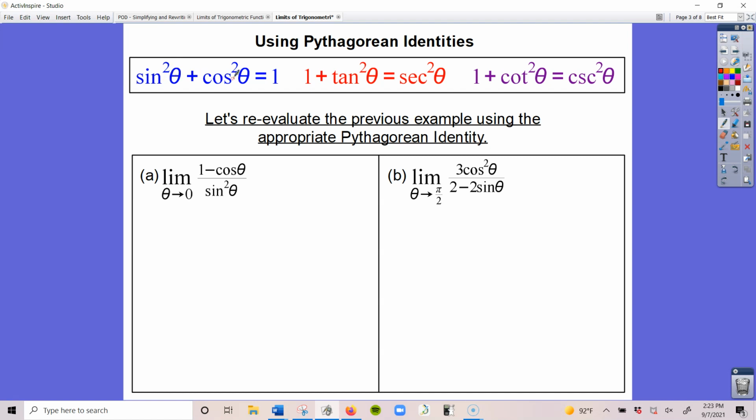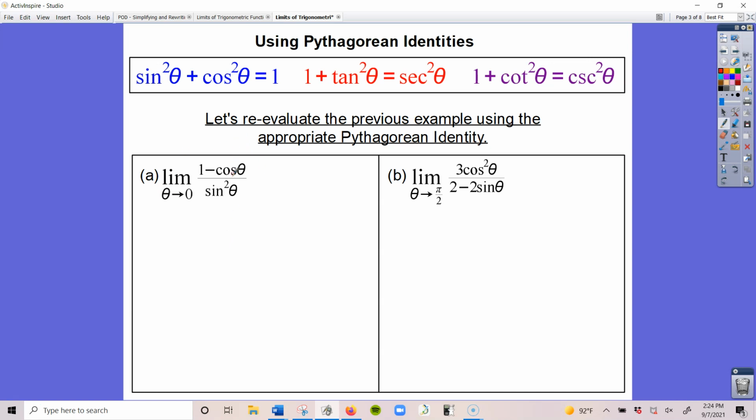Sine squared theta plus cosine squared theta is equal to 1. 1 plus tangent squared theta is equal to secant squared theta. And 1 plus cotangent squared theta is equal to cosecant squared theta. So anytime you see a trig function that's being squared and you can't evaluate the limit, see if you can apply a Pythagorean identity.